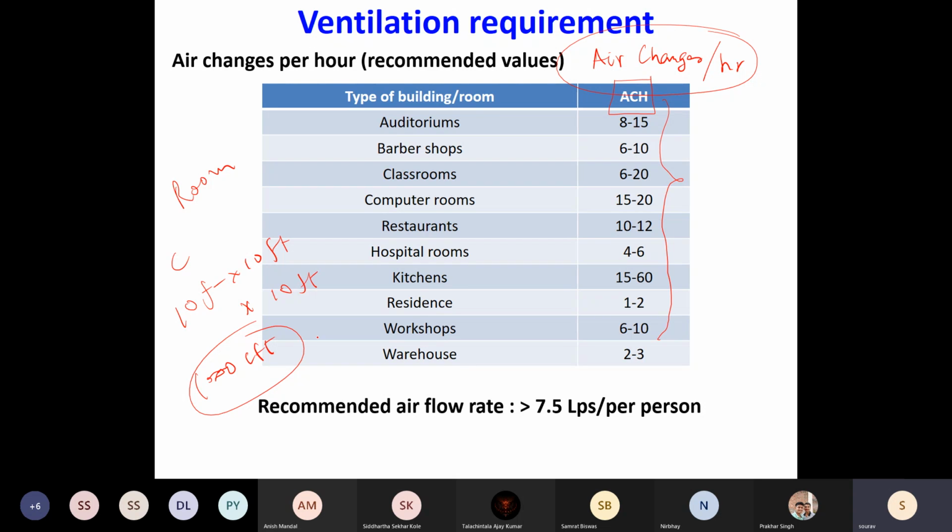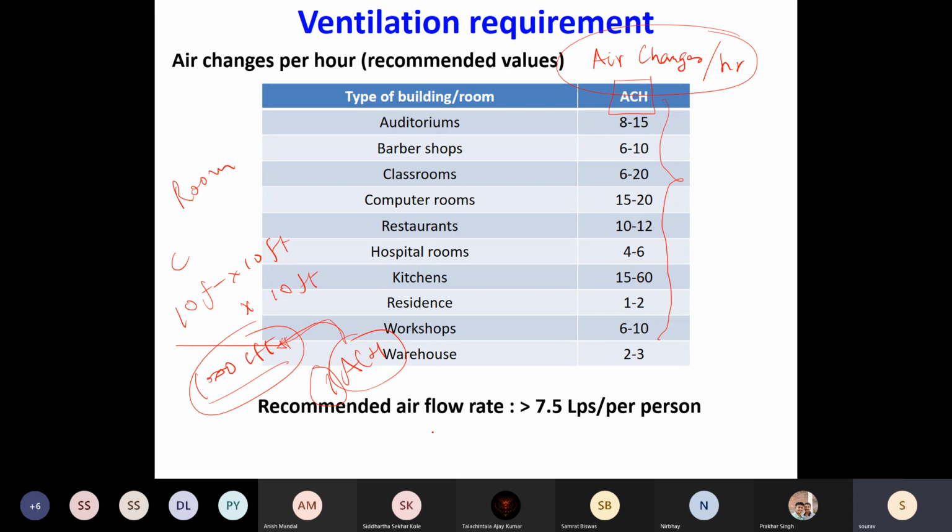Now, if the recommended value is 1 ACH, it means that it has to exchange air equivalent to the volume of your room. 1 ACH means the device has to exchange volume of air equivalent to 1 times the volume of your room in 1 hour. So if it is 10 ACH, it means that the device has to now exchange 10 times the volume of your room in 1 hour.